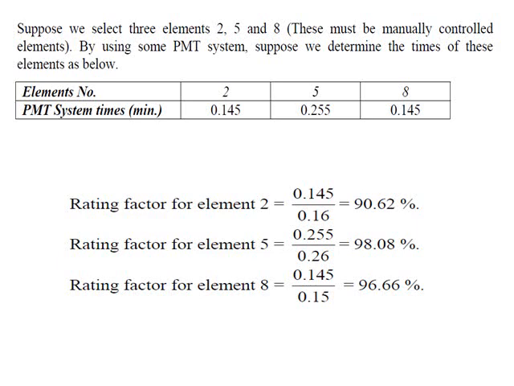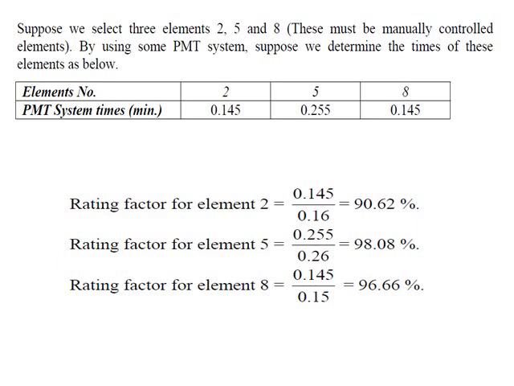Then what will be the rating factor for element 2? According to synthetic rating, R equal to P by A, where P is 0.145, and the actual time from the table is 0.16, giving 90.62. Similarly, the rating factor for element 5 is 98.8 and for element 8 is 96.66. So these are the rating factors for 3 elements.